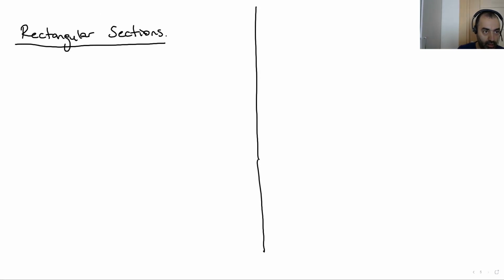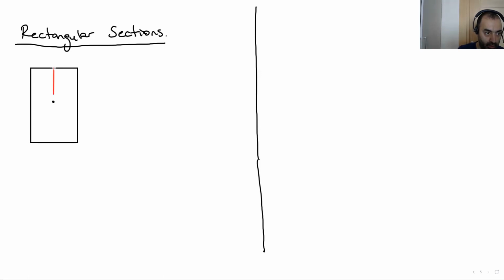Here, let me draw a rectangle like this. Stress distribution, this is the center. From top to bottom, let's change color.